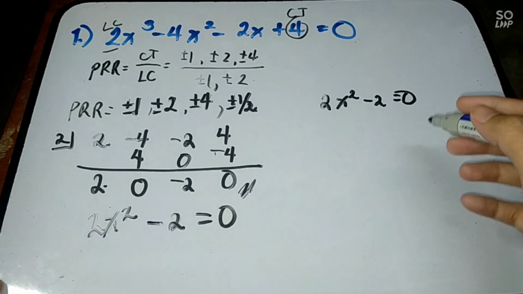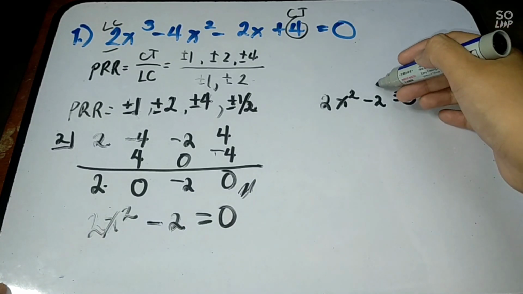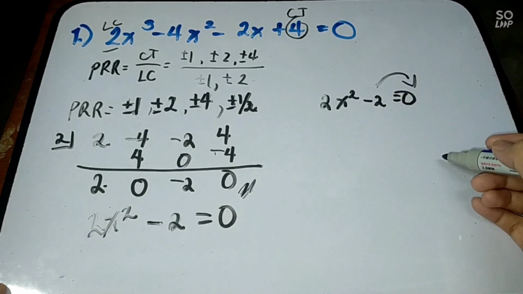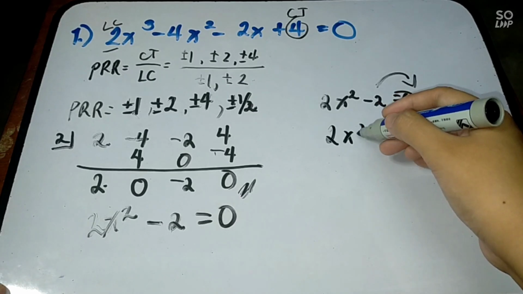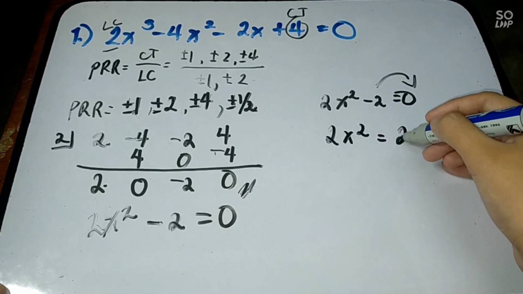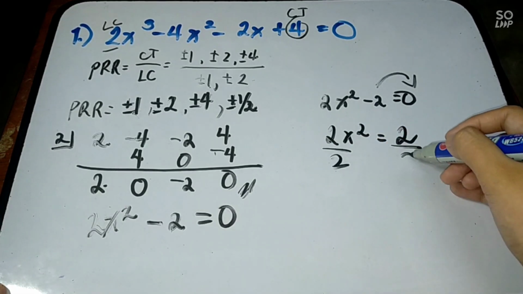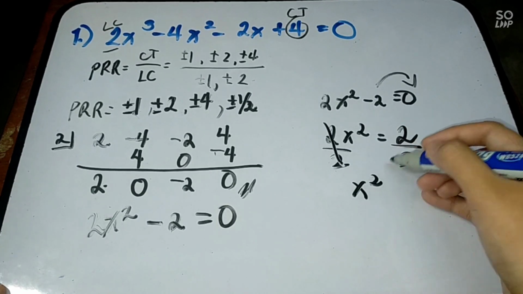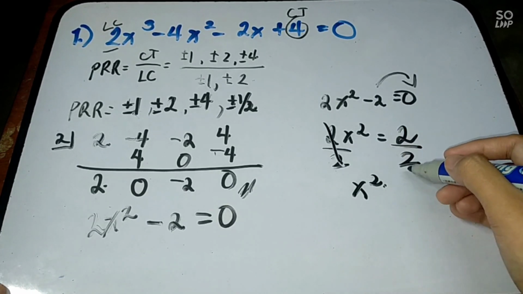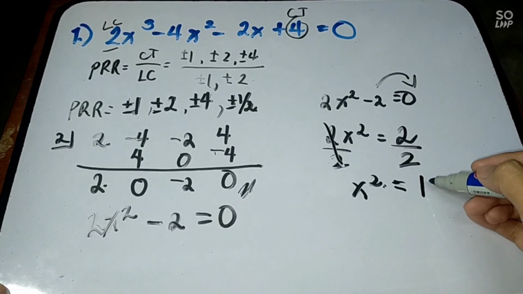So, for us to solve this one, you are going to transpose si negative 2 to the other side. So, you have here 2x squared is equal to positive 2. Then, divide both sides by 2. 2 cancelled out. So, you have here x squared equals 1.